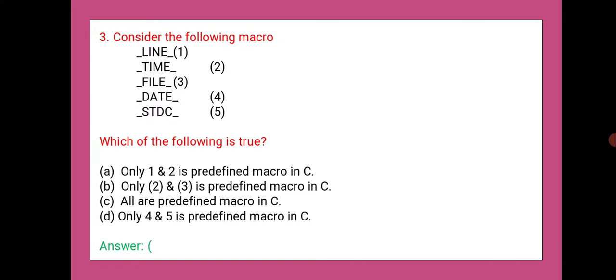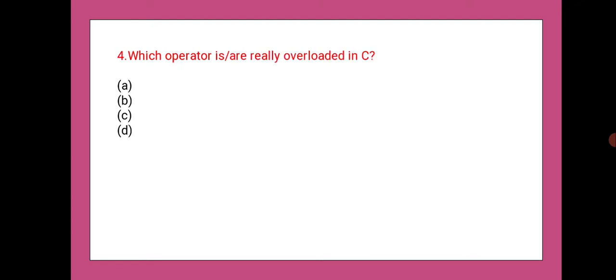Let's get on to the next question. Which operator is really overloaded in C? Among these: star and ampersand, double and (&&) double or (||), plus plus, minus minus, none of the above. See, star is used as the indirection operator as well as the multiplication operator.